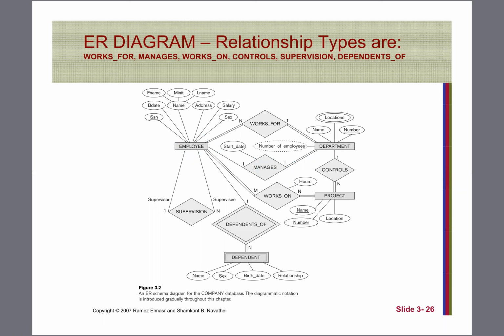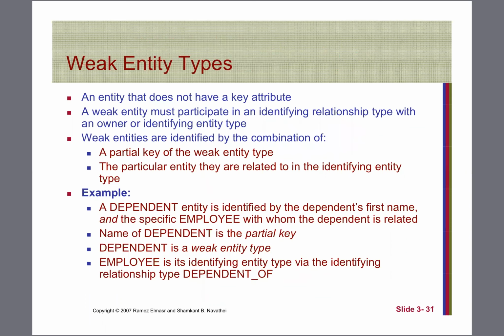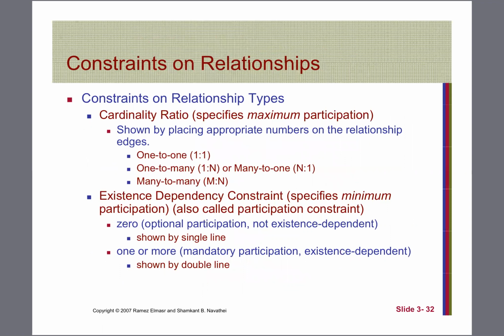Hope I have made it clear to you as to what is the single line and double line representation here. So this is all about the cardinality ratios. So the different minimal cardinality ratios that we have already spoken about and discussed in the previous video are these. And then we talked about single line and double line and what is the meaning of those.